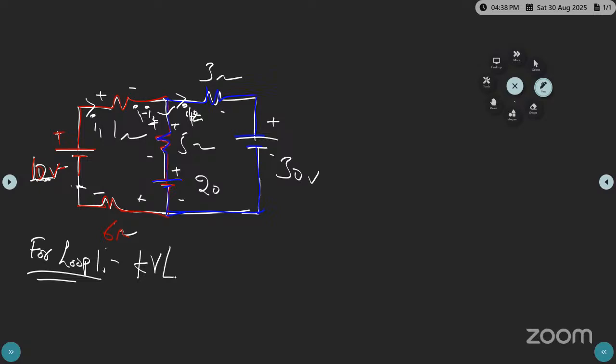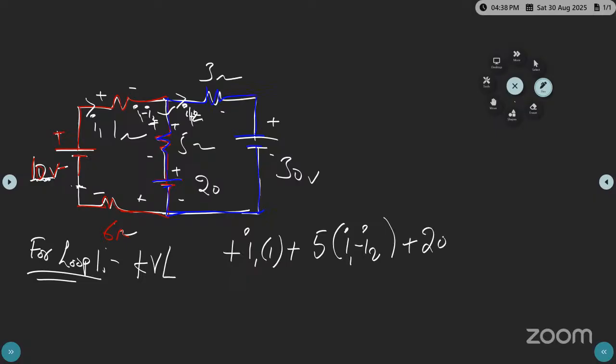Now write down KVL for loop 1, traveling in a clockwise direction. So plus I1 into 1 plus, what is the current in 5 ohm? 5 into I1 minus I2, plus 20.